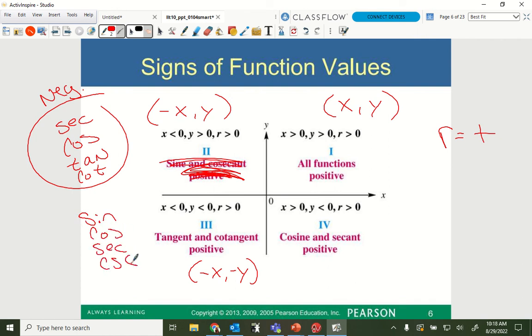What about tangent and cotangent? Those are positive. Why are they positive? Because you're dividing negative by negative. Tangent and cotangent is x over y or y over x, right? And both my x and y are negative. So 2 negatives will give you a positive. So over here, these ones will be negative.